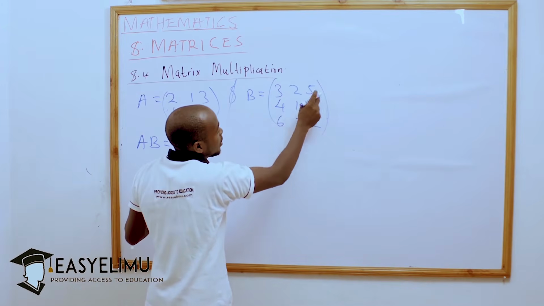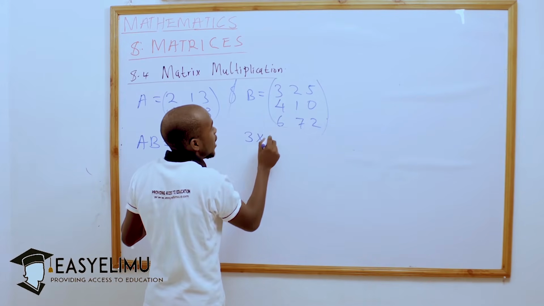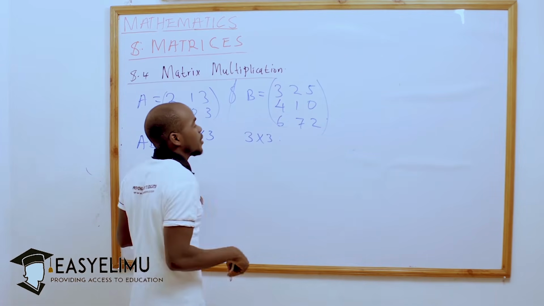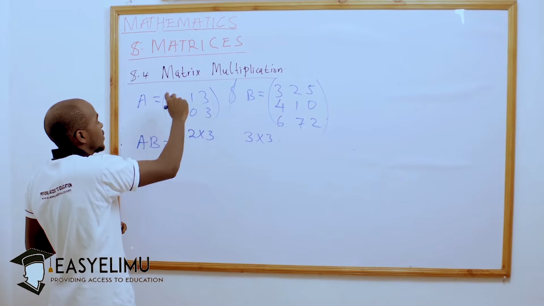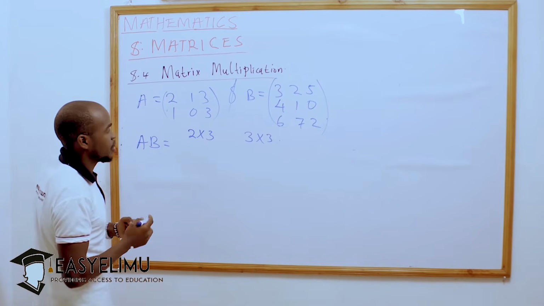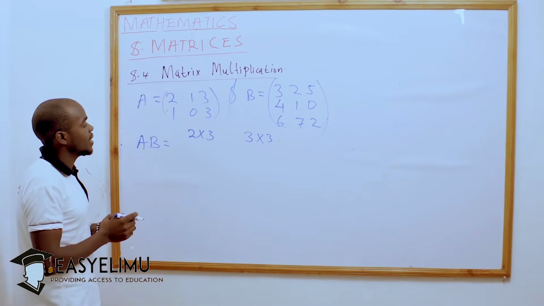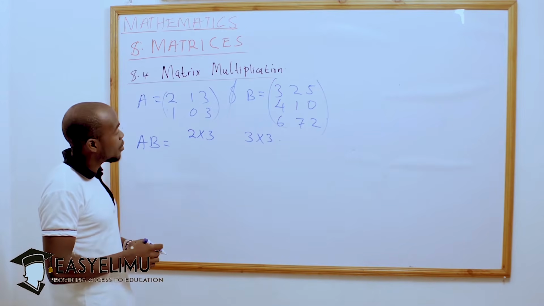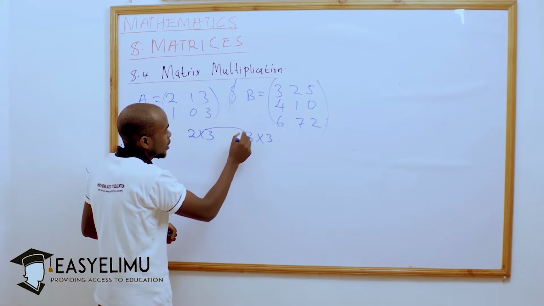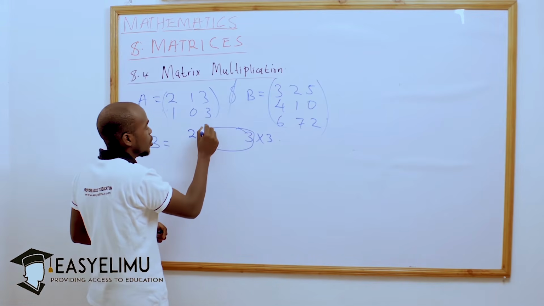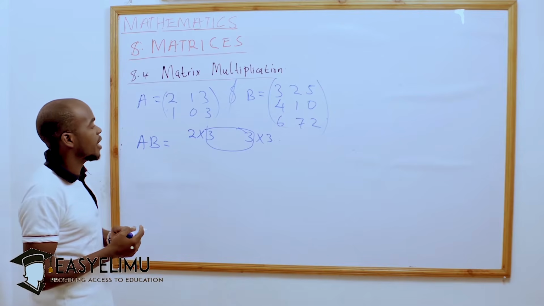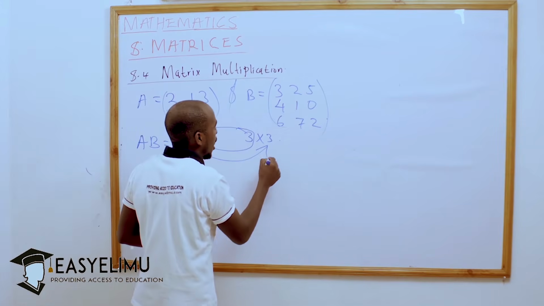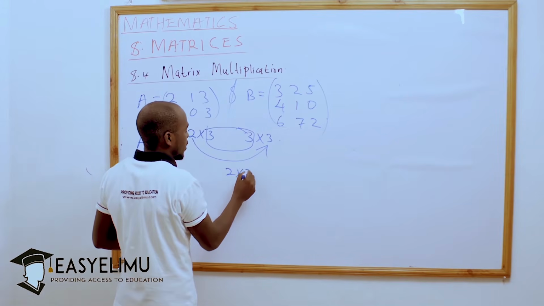Here, it has 3 rows, then 3 columns. So this one is a square matrix of 3 by 3, and this one is a 2 by 3 matrix. So we can see that this is a 2 by 3, and this one is a 3 by 3. So the two matrices are compatible because they can be multiplied together, and our resulting matrix will have the form of 2 by 3.